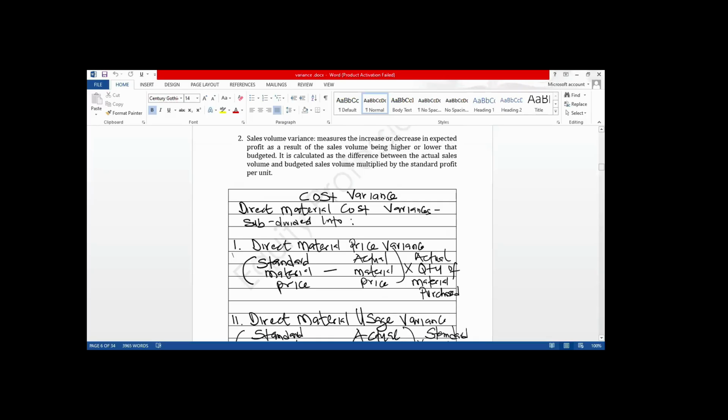That means there is cost variance. Now look at your screen. We want to discuss cost variance. Number one, direct material cost variance.